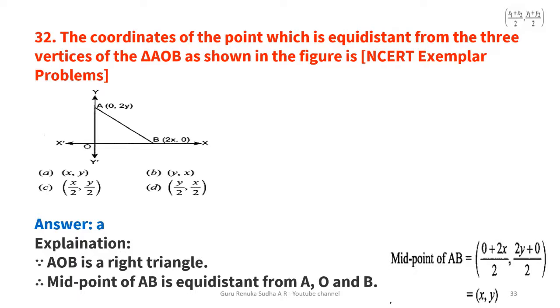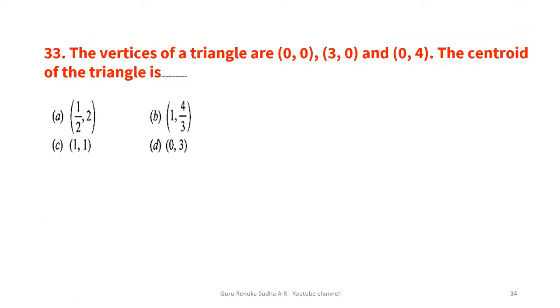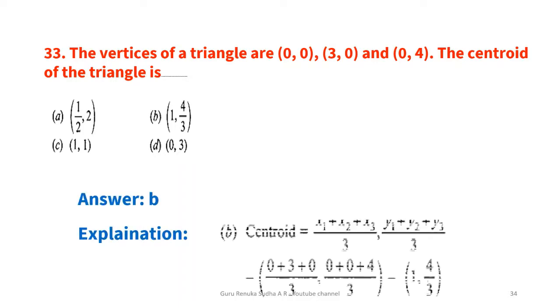See AOB, in that way you have to find out. 33: the three vertices of a triangle, three points they have given with coordinates, and we have to find the centroid of the triangle. You know the centroid formula, no? x1 plus x2 plus x3 divided by 3, y1 plus y2 plus y3 divided by 3. Then substitute the values of x1, x2, x3, y1, y2, y3, then you will get the answer 1 comma 4 by 3.